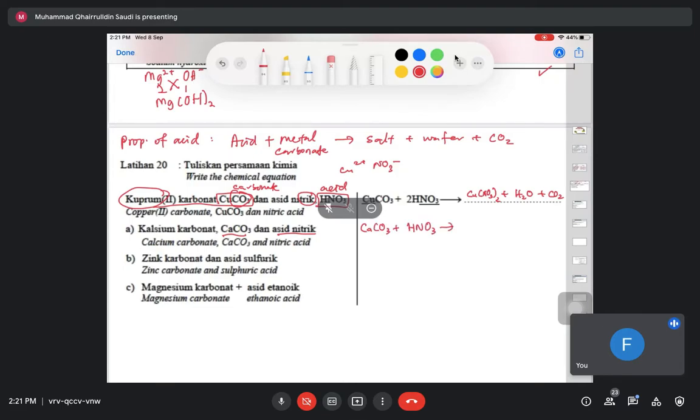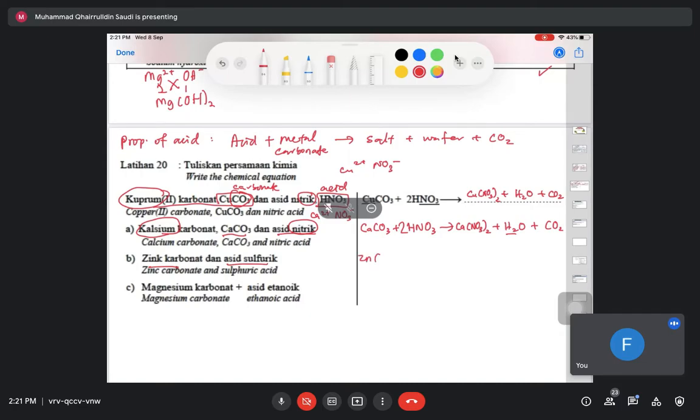You will get salt, water, and carbon dioxide. The salt will be calcium nitrate, Ca2 plus, NO3 minus, Ca(NO3)2. Is it balanced? We have 2 nitrates, so 2 here. Hydrogen 2, hydrogen here is 2 as well. Now it's balanced. Next one, zinc carbonate and sulfuric acid.